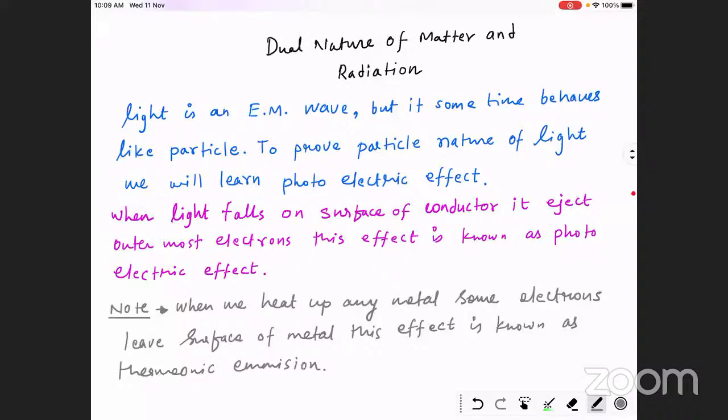An electron will take energy from the photon, and by using this energy, the electron will try to come out from the surface of the metal. Okay. Now let's try to understand this photoelectric effect experiment.